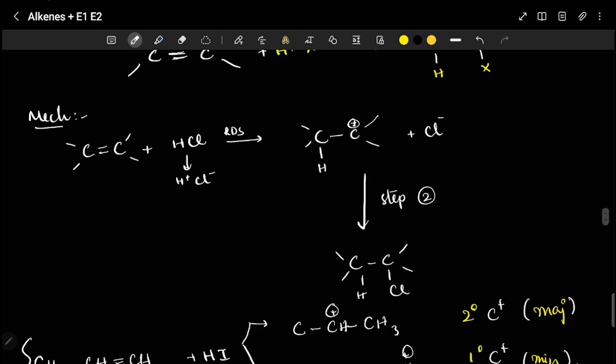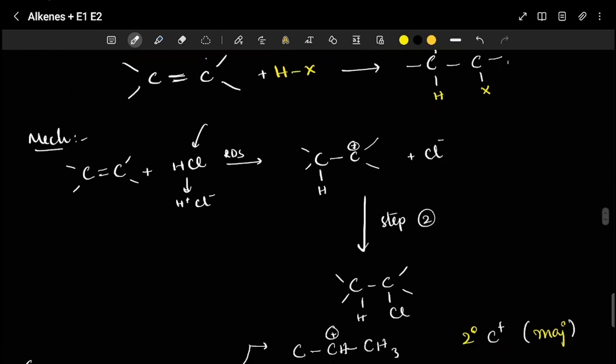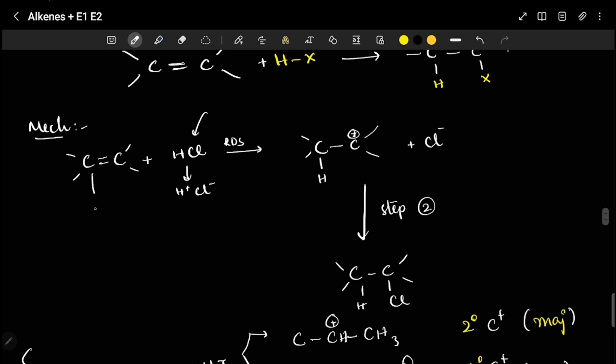First of all, alkene is there. You take some HX, HCl, HF, or anything. What would happen? We have seen in the electrophilic addition mechanism: first the electrophile goes and attacks. So here hydrogen goes and attacks such that a carbocation is formed.